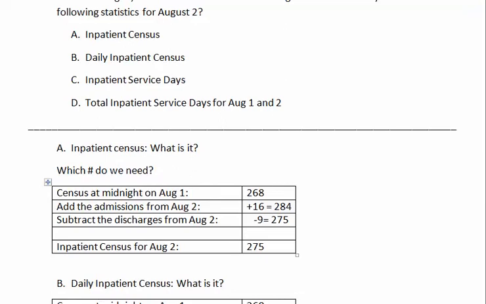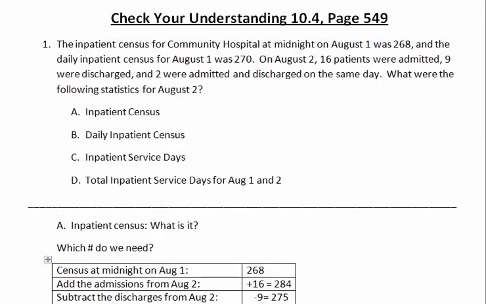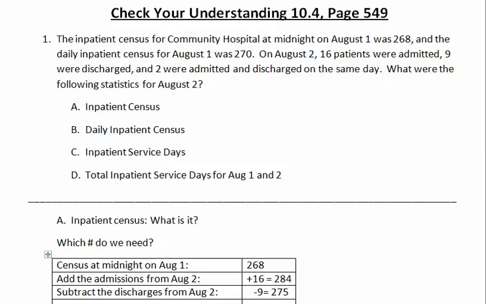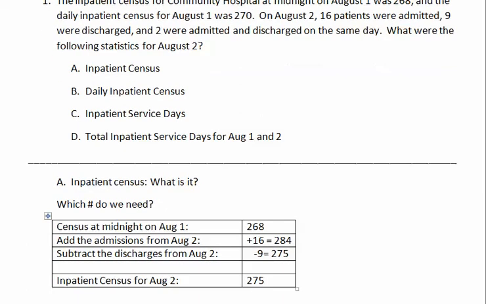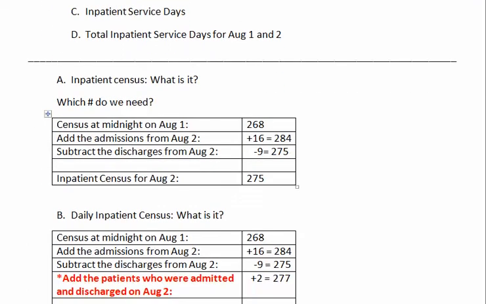Okay, B is the daily inpatient census. Well, how is that any different? Remember that the daily inpatient census looks at the whole day, any patient that's been in the hospital during that whole census period. So we've got to start out with, again, the census at midnight from the previous day, 268.